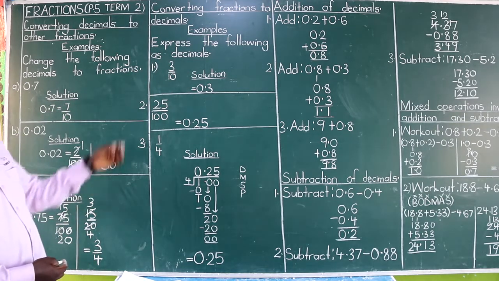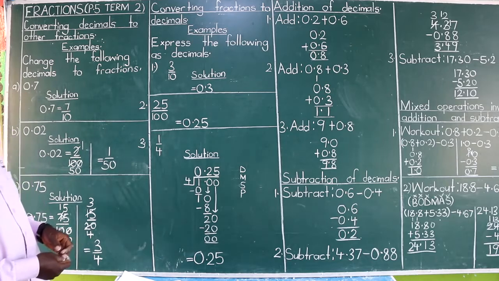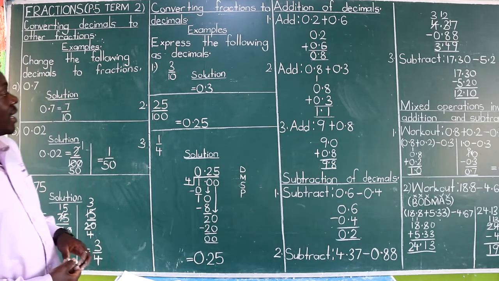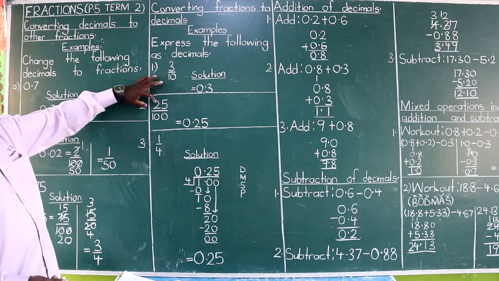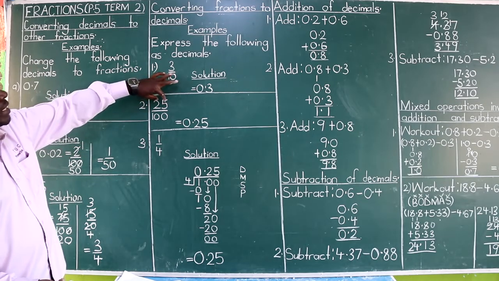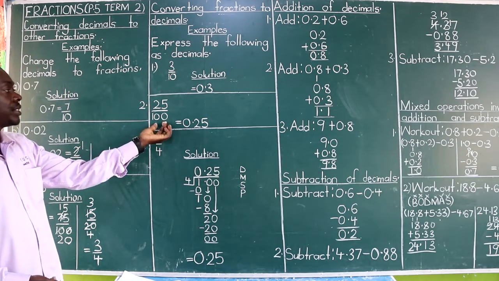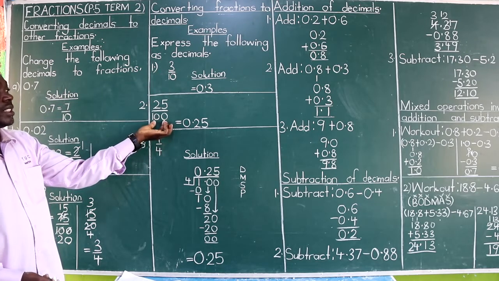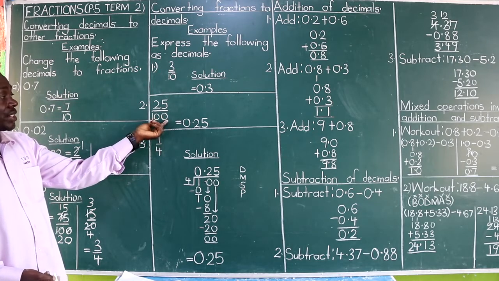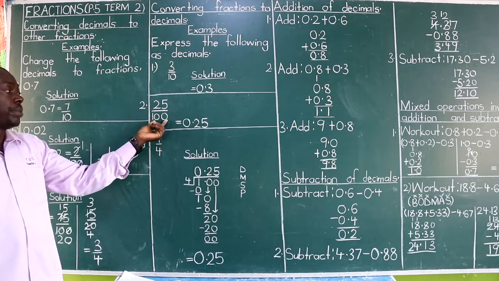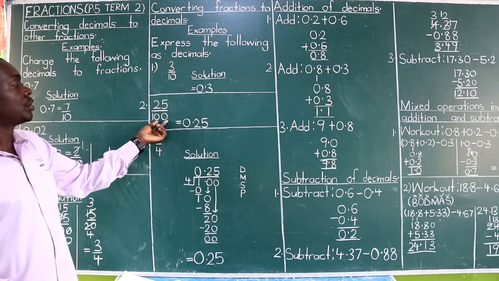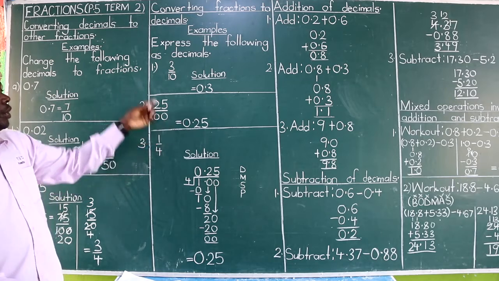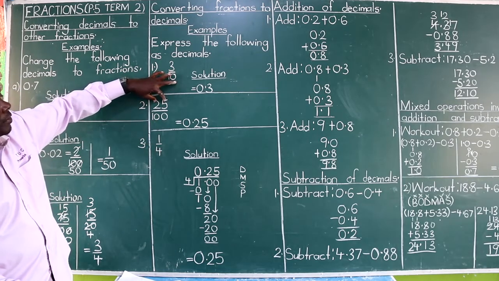So then we go to number 2, express 25 out of 100 as a decimal. You will then read this, that is 25 hundredths. Like the word hundredth suggests, it calls for 2 places of decimal, or 2 digits after a decimal point, which are the 2 and 5.